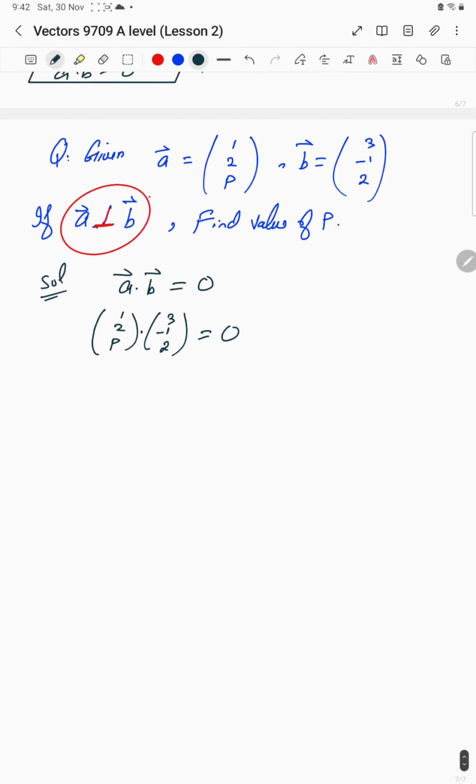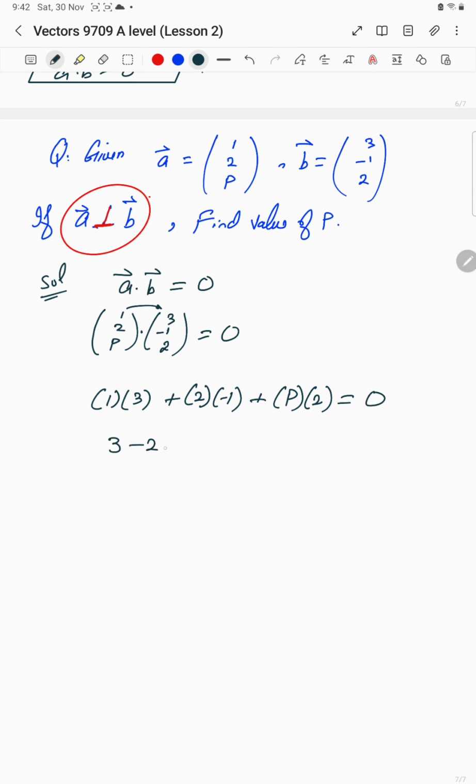In the dot product we multiply only the components: 1 times 3, plus 2 times minus 1, plus p times 2 equals 0.